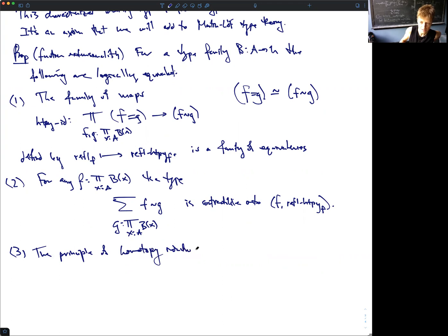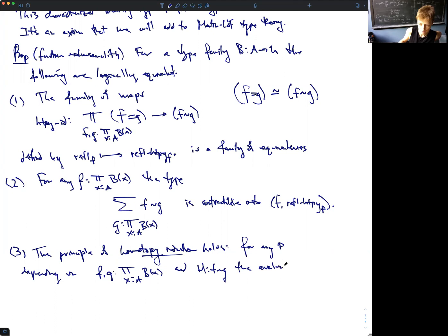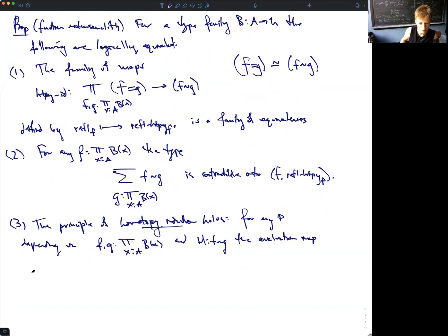So it says for any family of types P, depending on, say, two dependent functions and a homotopy between them, the evaluation map, and this is going to be evaluation at the reflexive homotopy.